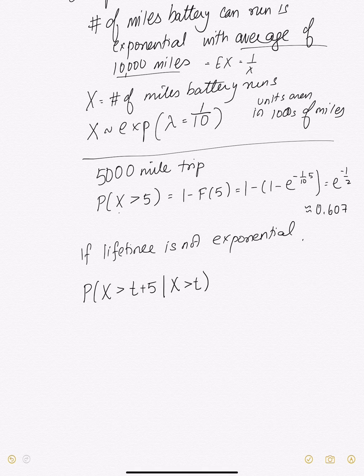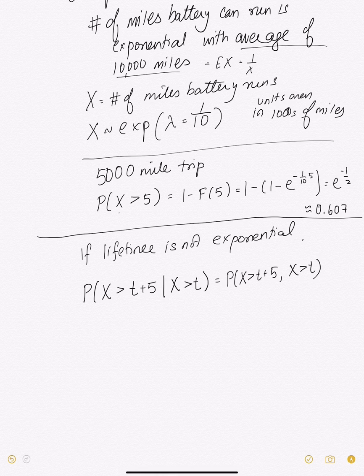Even if it's exponential, if you write it down like this, things will cancel and give you what we had above. But in particular, if it's not exponential, then you do have to go through this whole thing. All right. So then just using the conditional probability formula, you have the probability that X is bigger than t plus 5 intersect X bigger than t, over the probability X bigger than t.